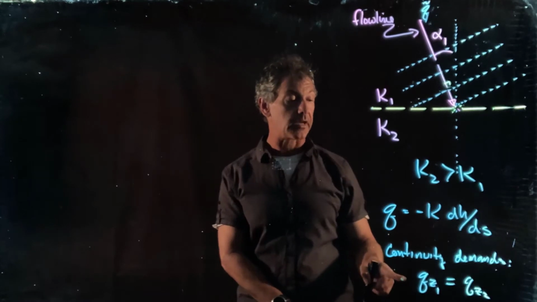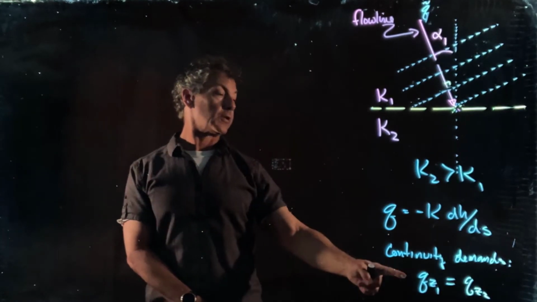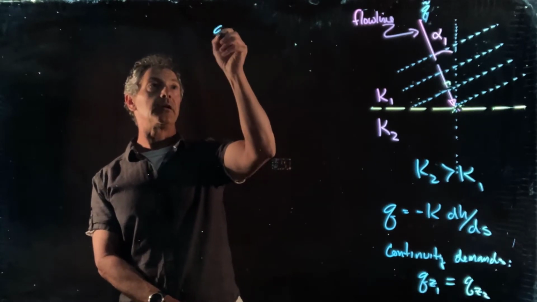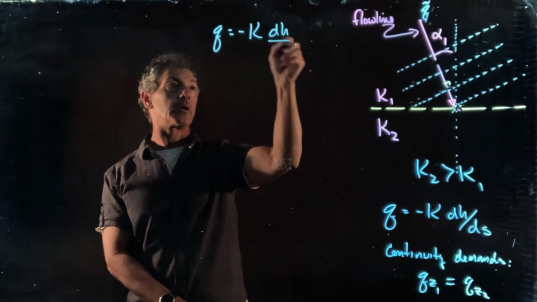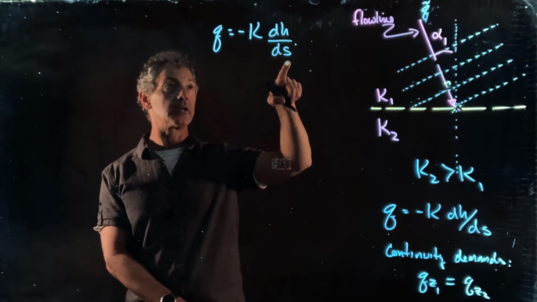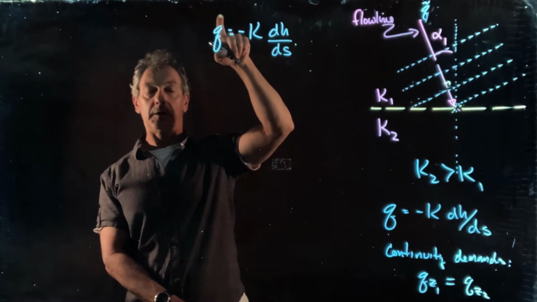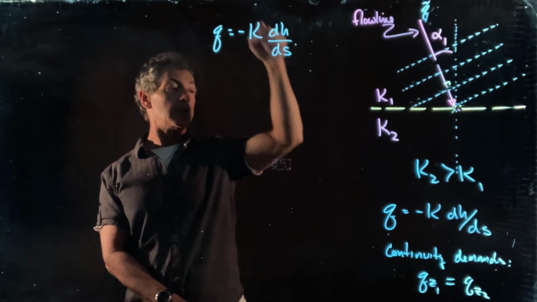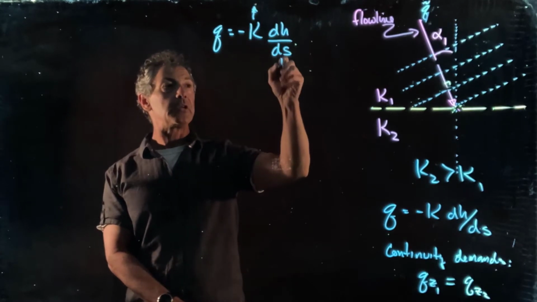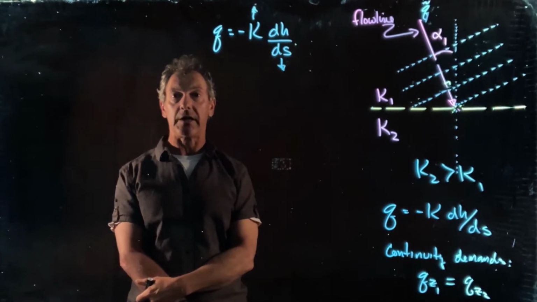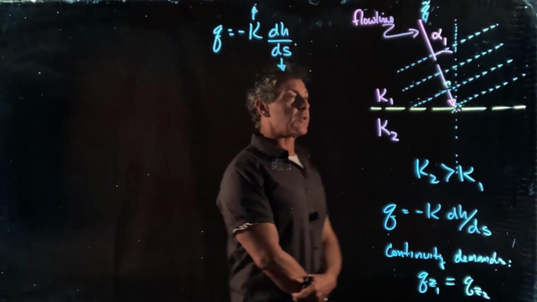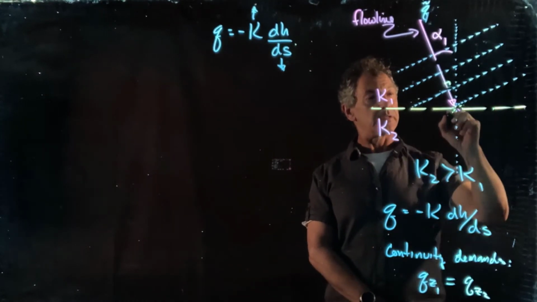So what does that suggest? So if these two are the same, that means, I'm writing this along the vector, since this does not change, if our hydraulic conductivity increases, that means our hydraulic gradient has to decrease, right? So say a hydraulic gradient decreases.